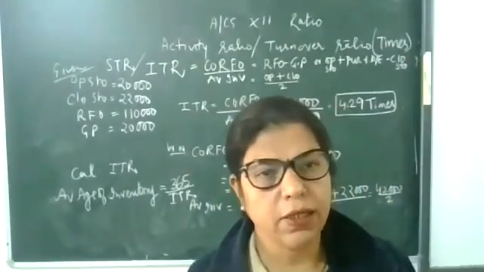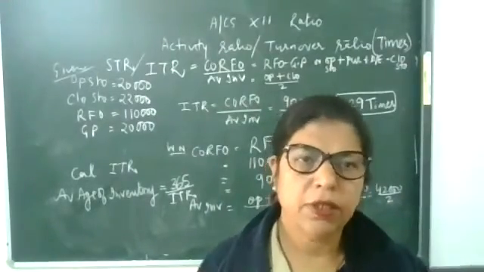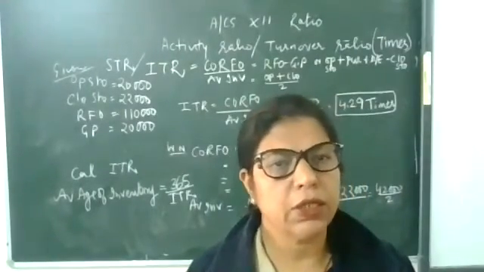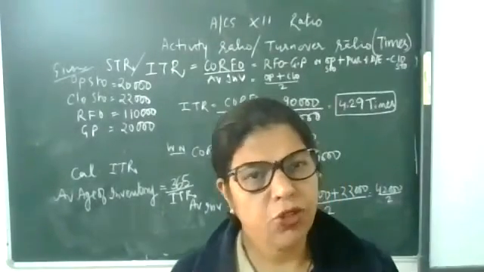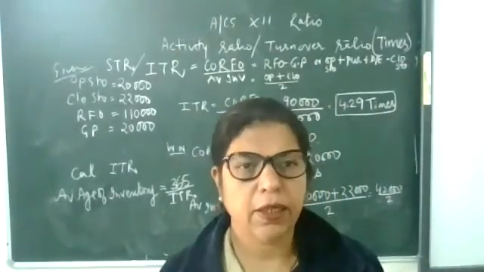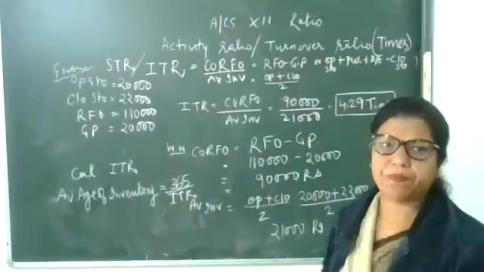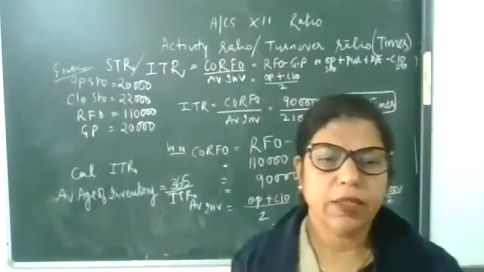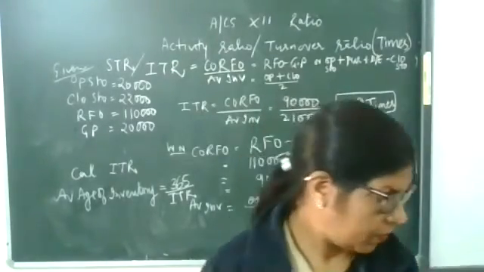And if they ask in days, you will keep 365 days in a year. And if they ask the question in months, you can write months in a year, means 12 upon ITR. ITR means the answer which is there. Okay? So that is average age of inventory.